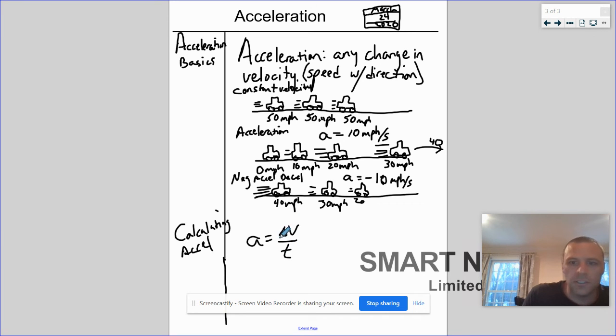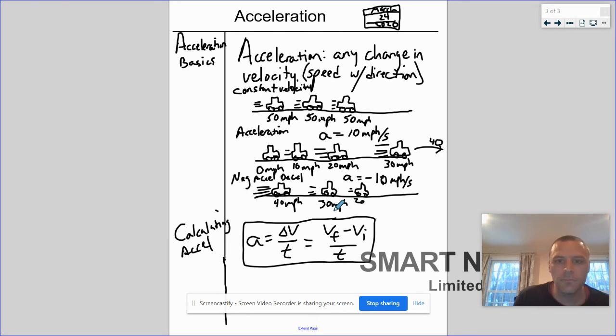So this delta symbol, this triangle, means a change. It means some value has changed from one thing to another, and divided by time. We can also write final velocity minus initial velocity divided by time. And those are different ways to calculate acceleration.